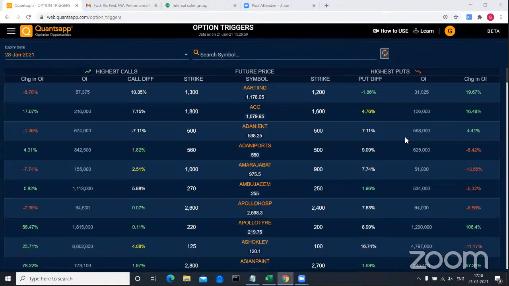Okay, so it shows the difference between strike and price. Okay, and there's a small motive behind this tool, option triggers, and we'll see how you can actually use it.